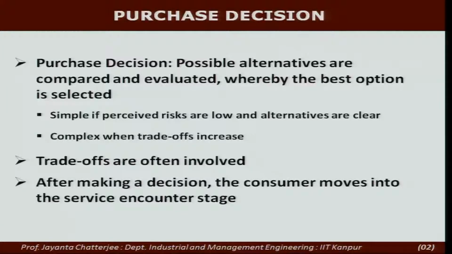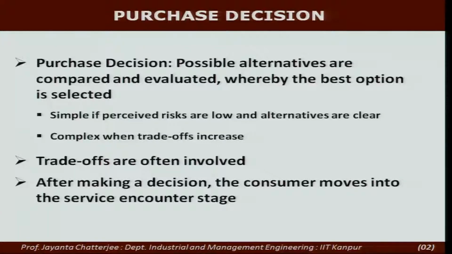So when a customer has taken a decision to acquire a particular service, then already the customer has evaluated the alternatives with respect to those attributes that we discussed, the search attributes, the experience attributes, and the credence attributes.